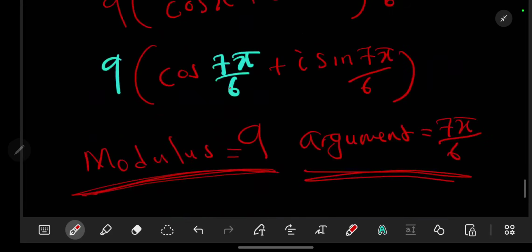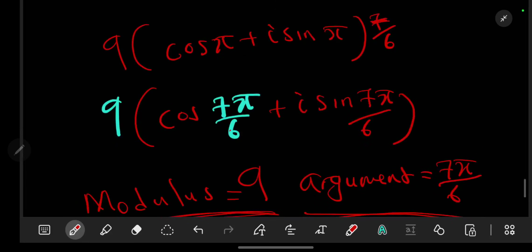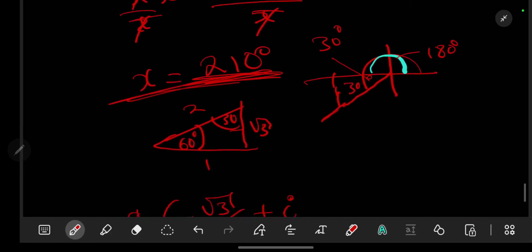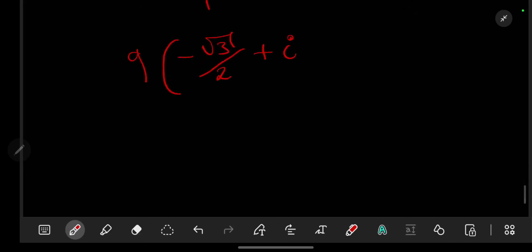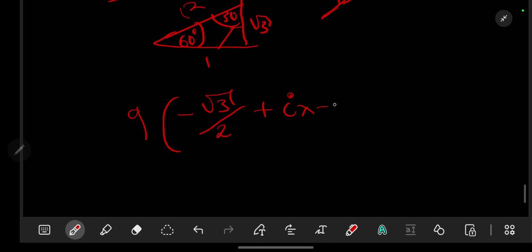Is it plus or minus? We have plus our i, sine of 7 pi over 6. So the sine of 30 is opposite, which is 1 over the hypotenuse, which is 2, but it is in the third quadrant. Therefore, it will be by a negative 1 over our 2, like that.